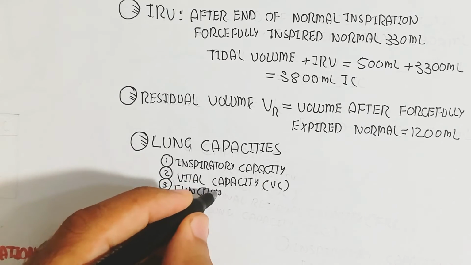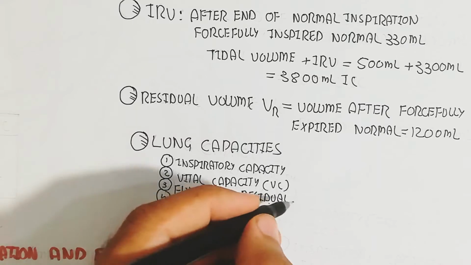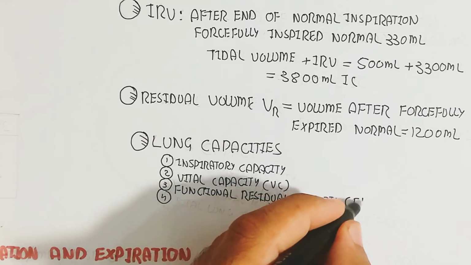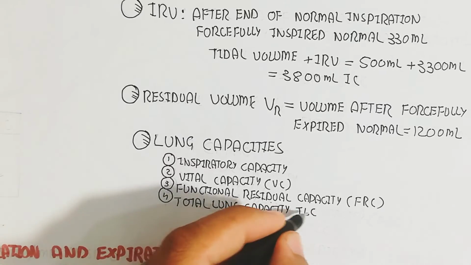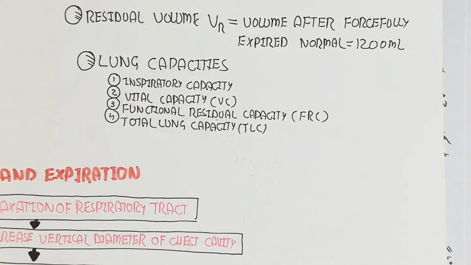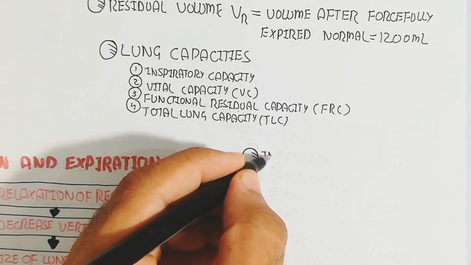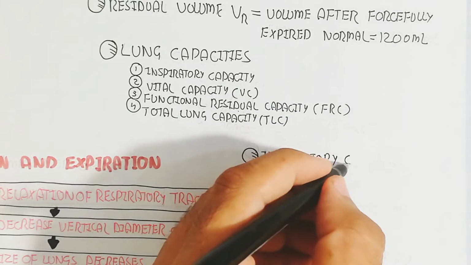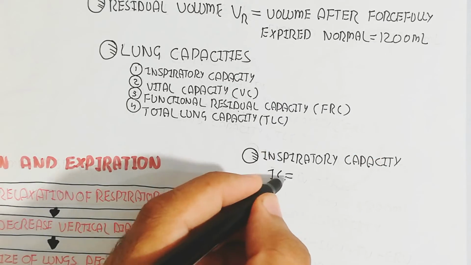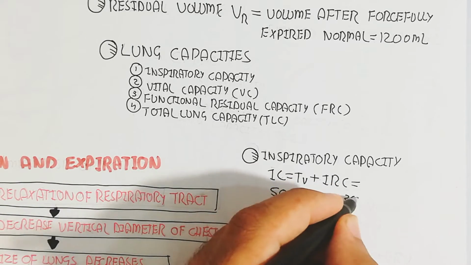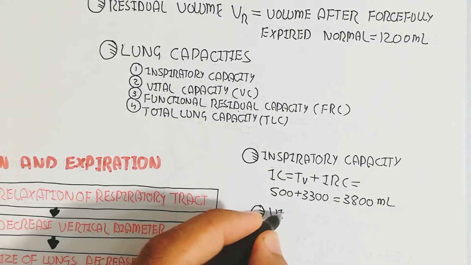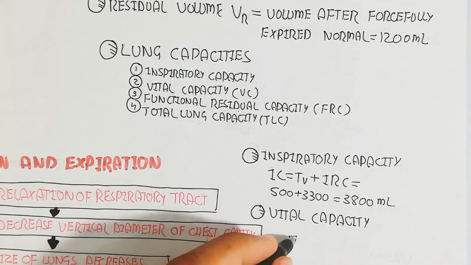Lung capacities include the inspiratory capacity, the vital capacity, the functional residual capacity and the total lung capacity. The inspiratory capacity, IC, is equal to TV plus IRV, which is 3800 ml.